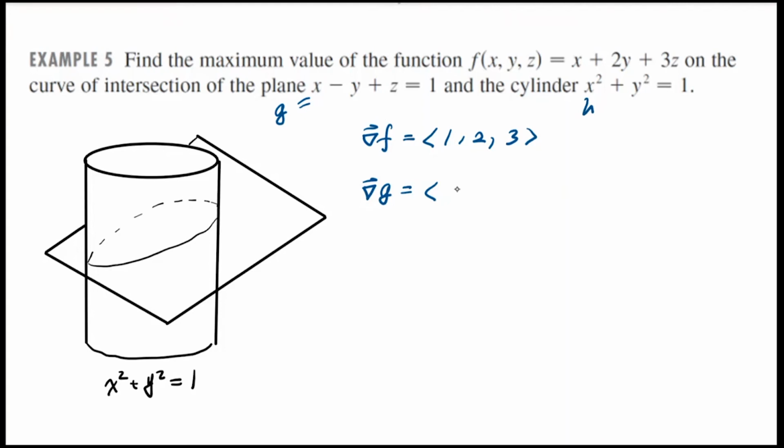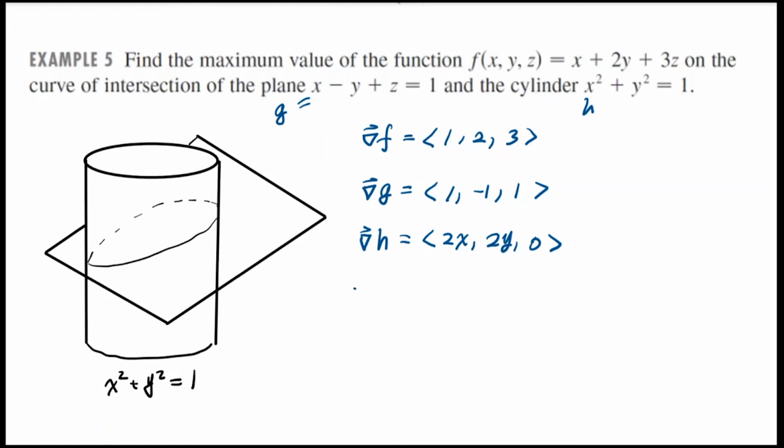So gradient of g, so we have 1, -1, and 1. Good. And then we find the gradient of h. Now that h looks weird. And then that will be 2x, 2y, and 0. So far so good? Are you with me?